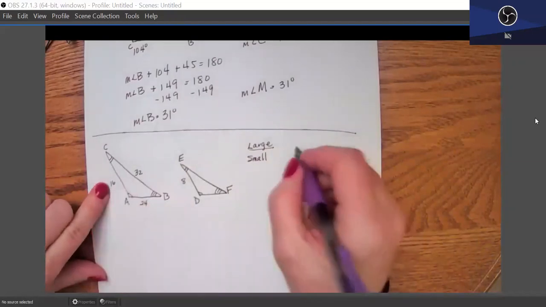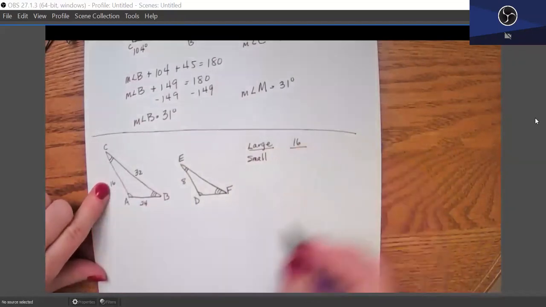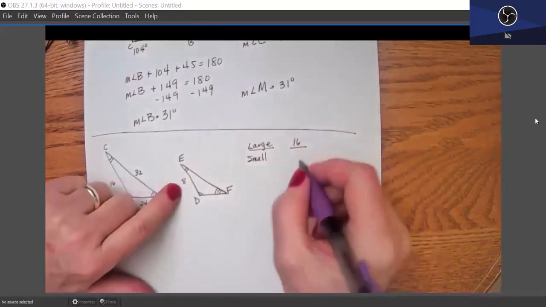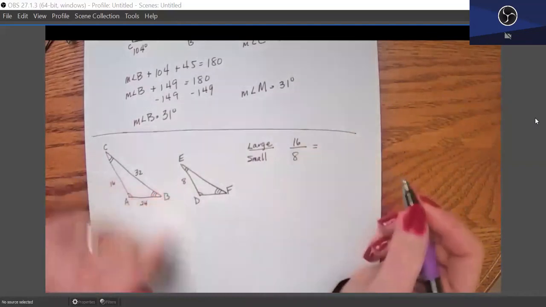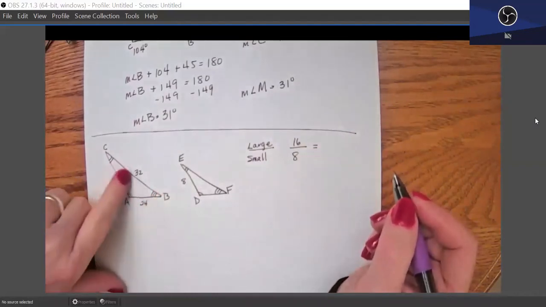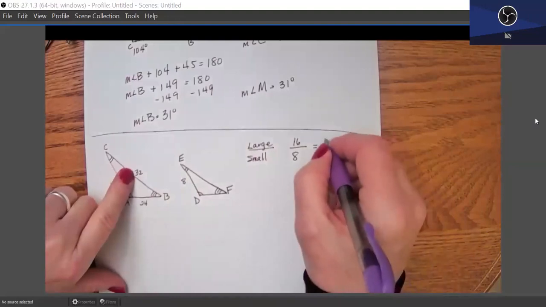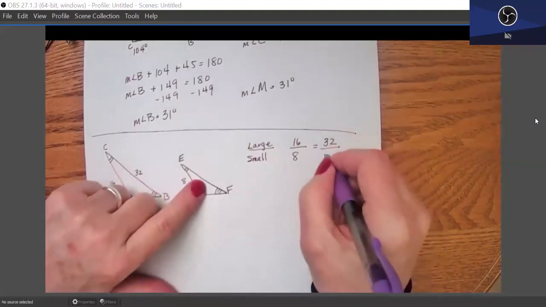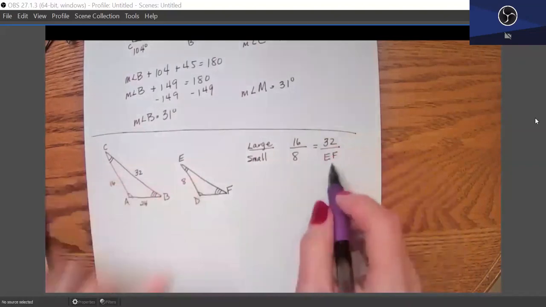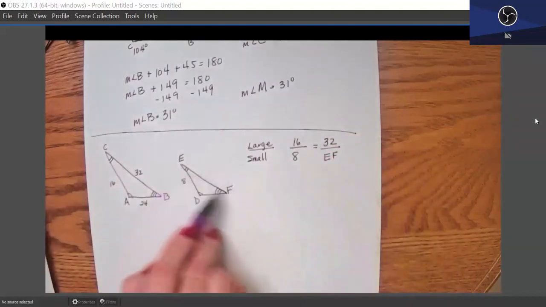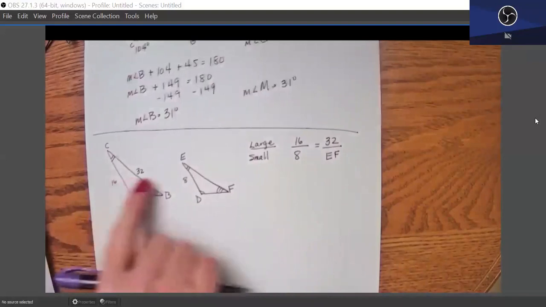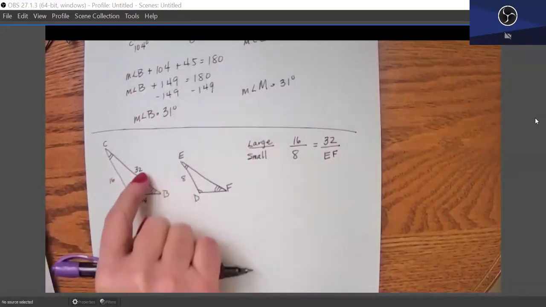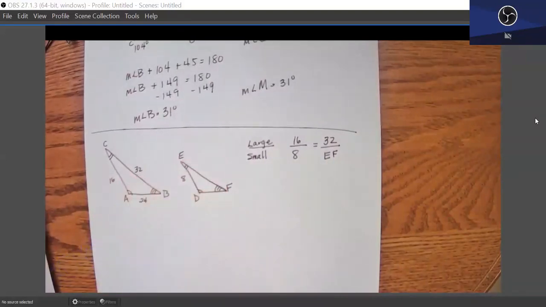So we know that side 16 is proportional to 8. That's the same as side of length 32 is proportional to side that goes from E to F. 16 to 8 is the same as 32 to EF.